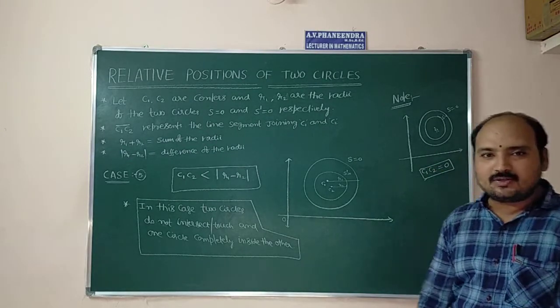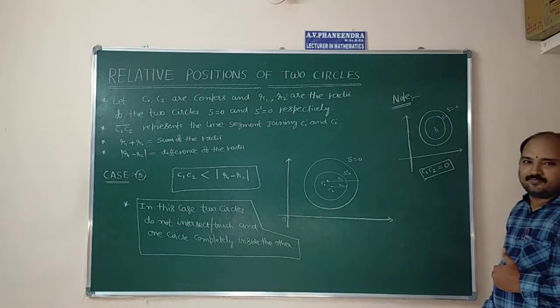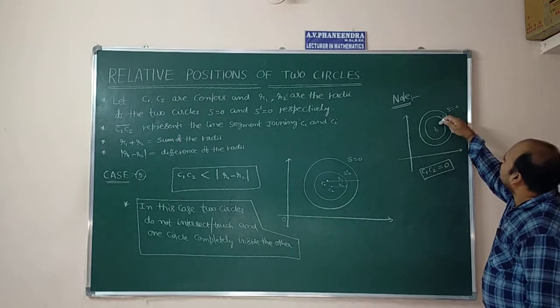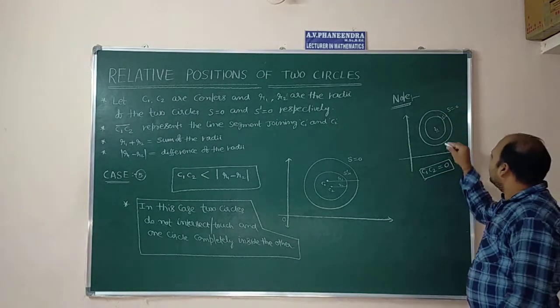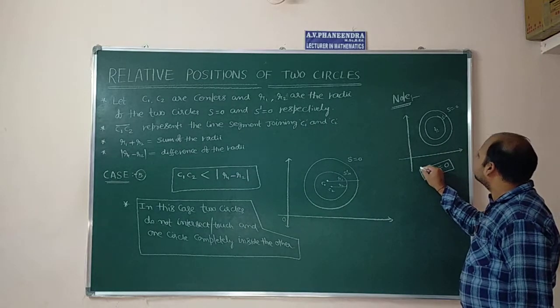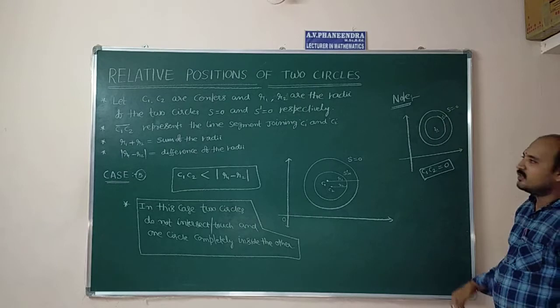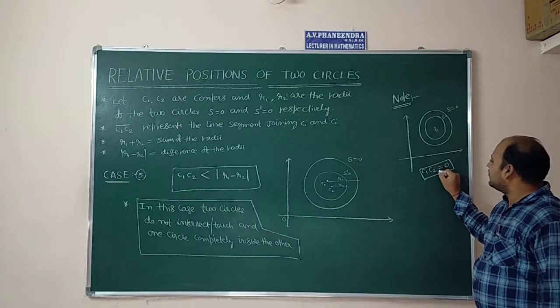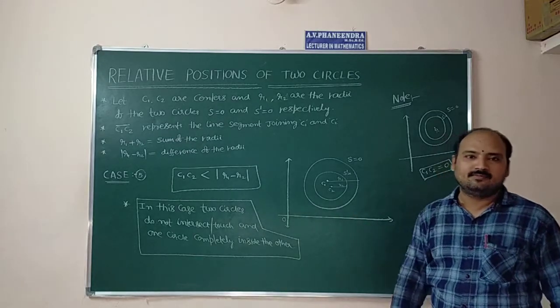In the note, if the distance between their centers is equal to 0, then the two circles are said to be concentric circles. Whenever two circles' centers are the same, the two circles are concentric circles. At that time C1 C2 equals 0. We should remember this note.